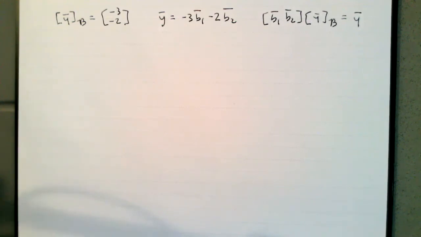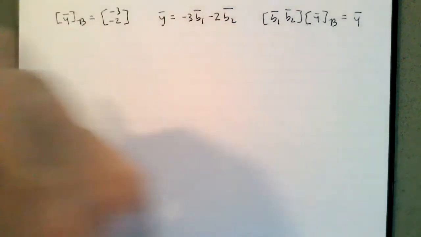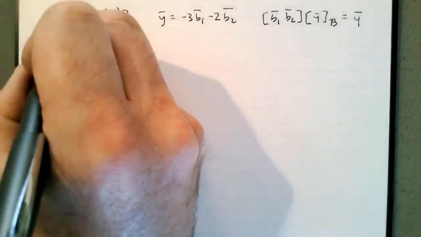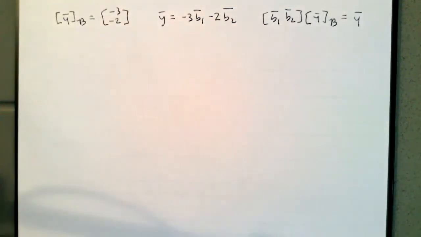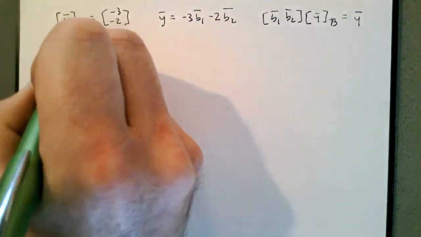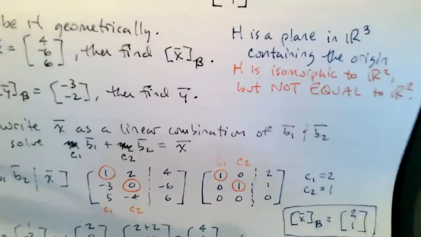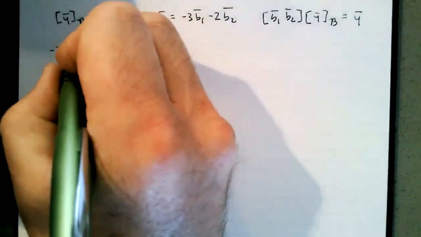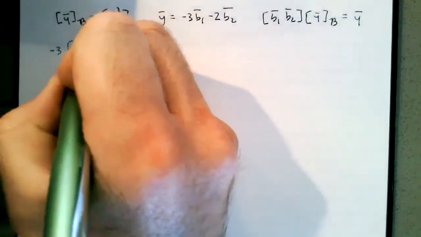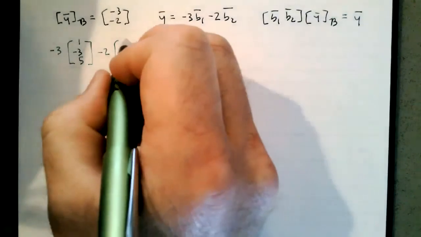So all we have to do is take the b1 and b2. I want to do it as a vector equation first. So I'll take -3 times b1, which I can't remember, 1, -3, 5, minus 2 times b2, which is 2, 0, -4.